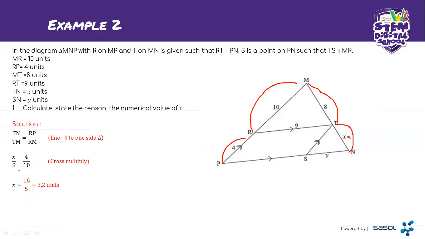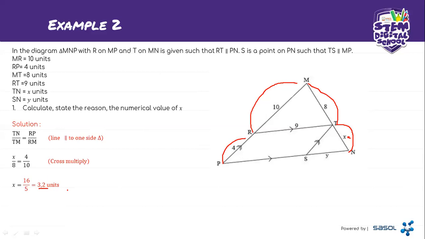We can just say 8 times 4, which is 32, and then 32 divided by 10 gives us 16 over 5, which is equal to 3.2 units. So that's how you should get that answer.